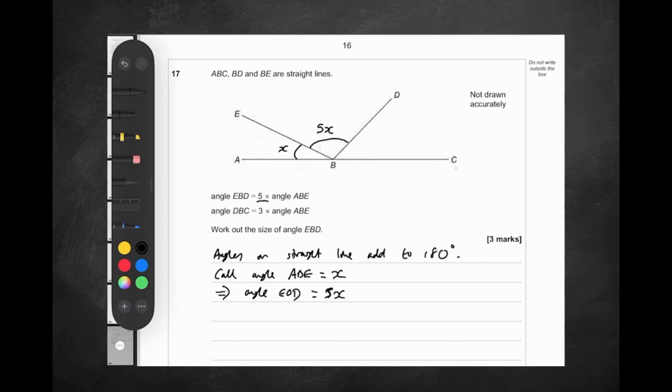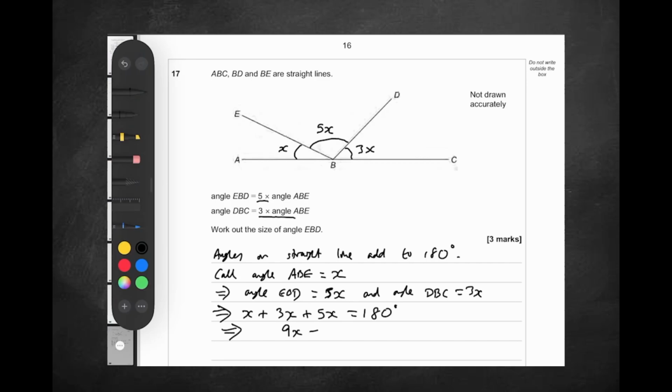And we know that DBC is 3 times angle ABE, so we're going to call that one 3x. And angle DBC equals 3x. And as we said, angles on a straight line add up to 180 degrees. Therefore, x plus 3x plus 5x equals 180 degrees.